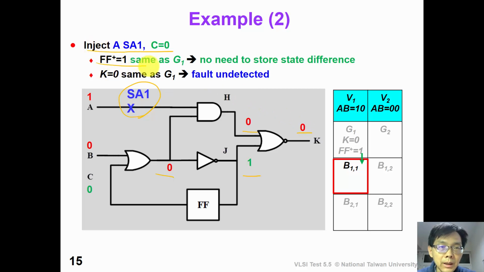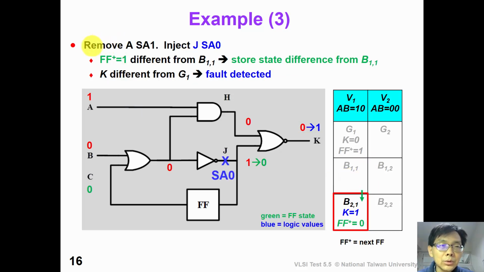The flip-flop value is the same as the good circuit, so we do not need to store the state difference. Also, the primary output K value is the same as the good circuit, so the fault is not detected. So in this square, we do not record any information.